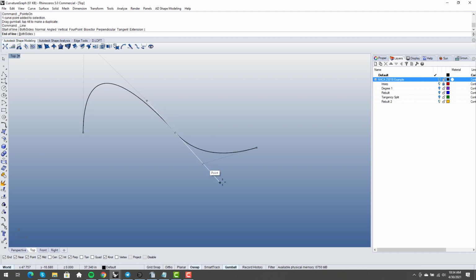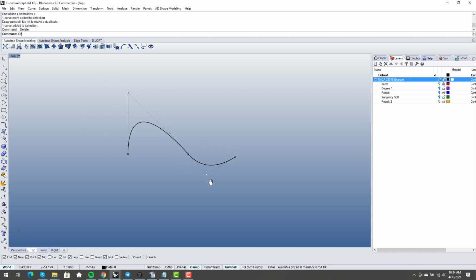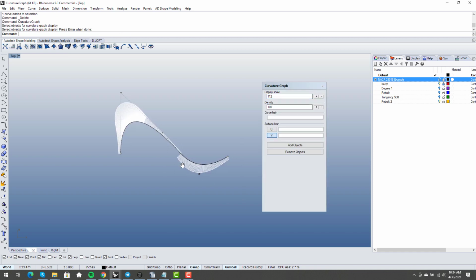So these points exist along a line, and they can be anywhere along this line and keep this tangent, right? But we're talking about curvature graph. So if I bring up the curvature graph of these two lines now, you can see these two are tangent.